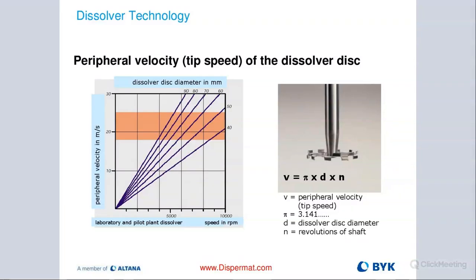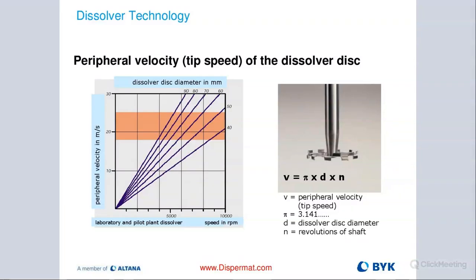It's a very important number because that's also critical when you want to go upscale to production. So the tip speed should always be the same, regardless whether you're working in the lab, pilot, or in the production plant, right? So that's a value that should stay the same, because the RPMs on a small lab dissolver are going to be totally different than you would have on a production scale dissolver, right?